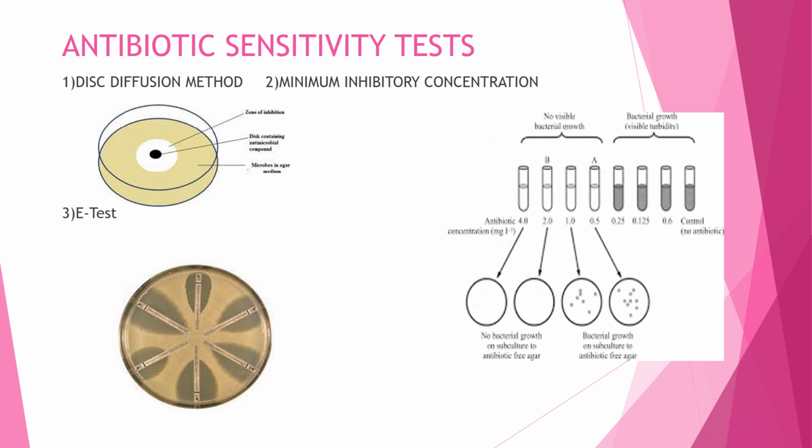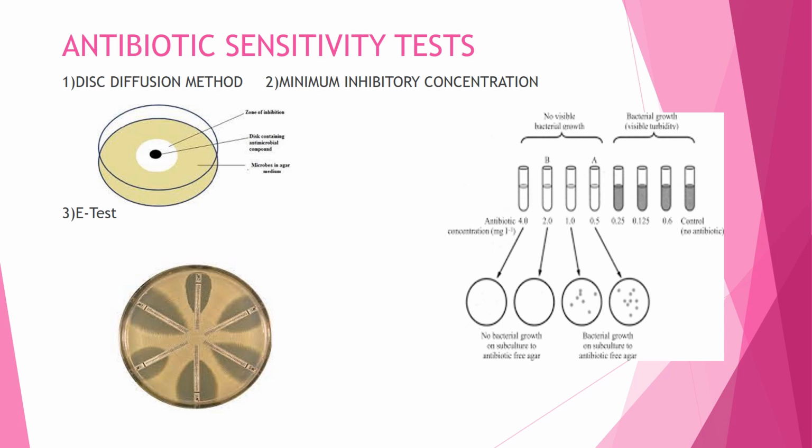Minimum inhibitory concentration. In this, we follow serial dilution, and antibiotic of known concentration is placed in test tubes along with the patient's serum or the test specimen containing the infection. They are placed at concentration levels as in the serial dilution.